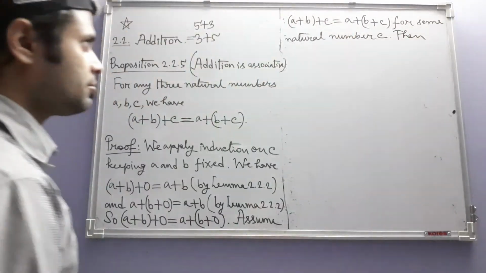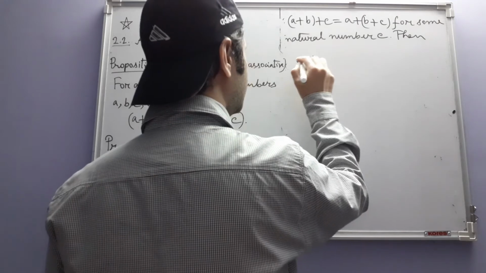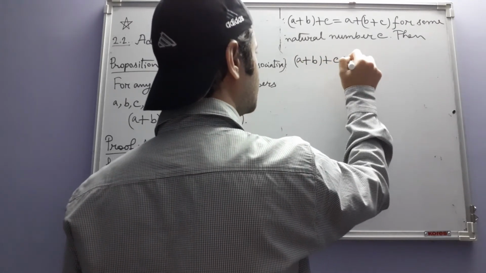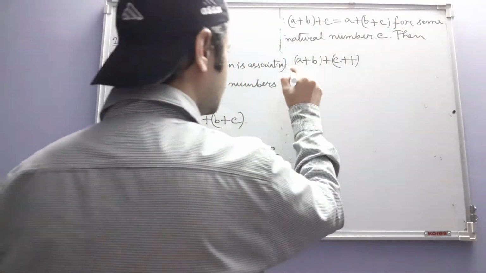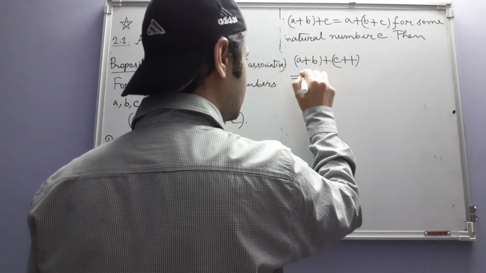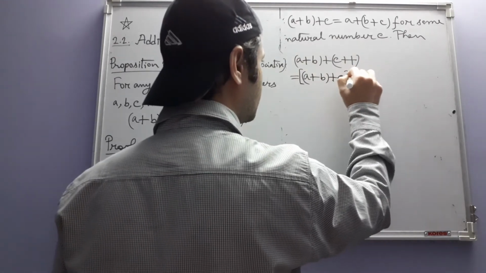Then (a + b) + c, in place of c we have to have its successor. This is equal to ((a + b) + c) and its successor.